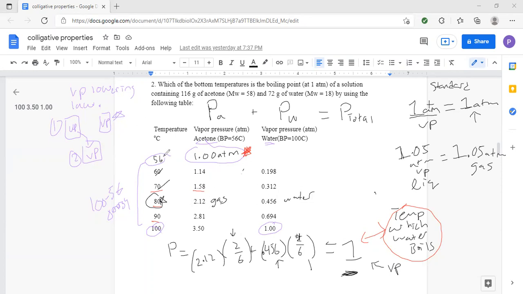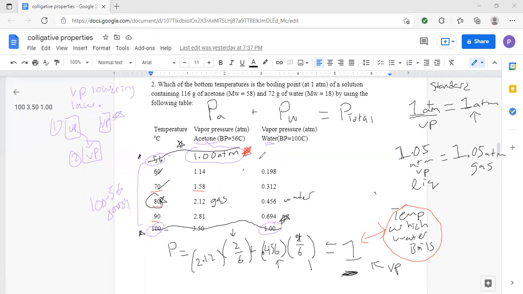And we didn't have to try out 56 degrees Celsius, and we didn't have to try out 100 degrees Celsius, because that's 1 atm and 1 atm. And these are the original pure, like this is at 100 degrees Celsius, this is at 56 degrees Celsius. We know it's not going to be these because these were when they were at their boiling points at 1 atm respectively.